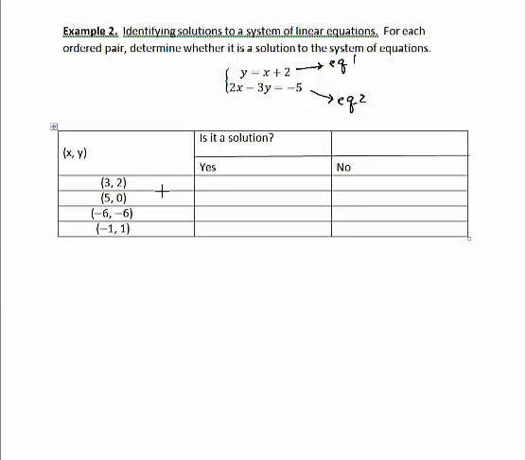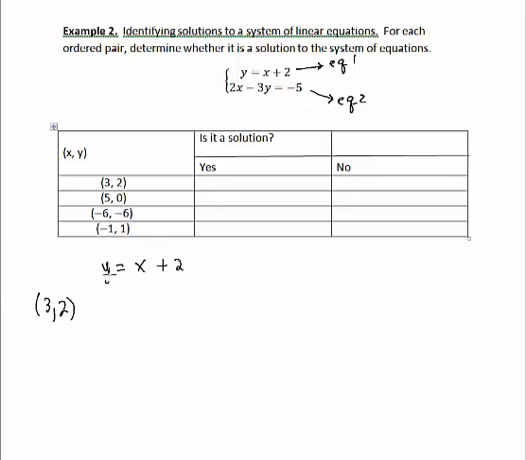We want to figure out which one of these ordered pairs is a solution to the system, not just one equation. So what we're going to do is we're going to test one. Probably the easiest equation to test is this one, because the x and y aren't multiplied by any other numbers.